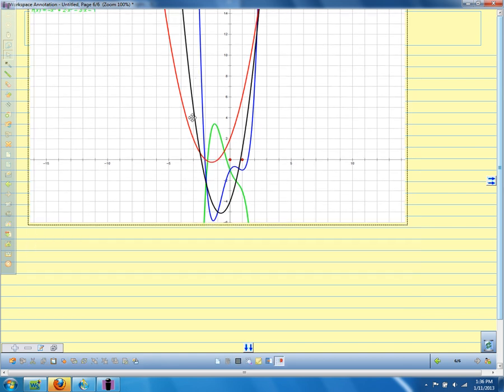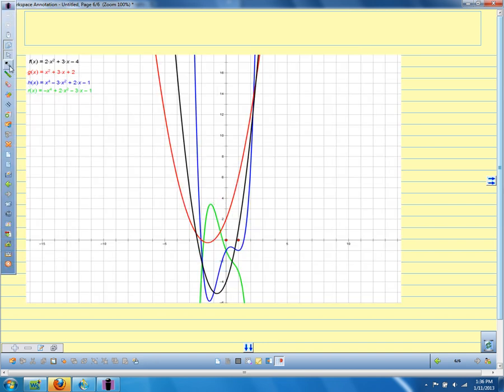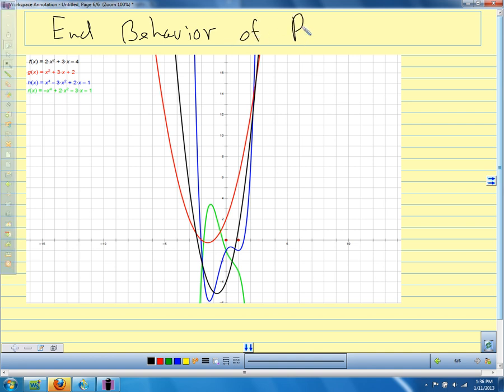So I'm just shrinking this down a little bit so we can talk about it. So here are some graphs, and our polynomial functions are all of even degree. When we talk about even degree, we mean that the highest exponent is even.